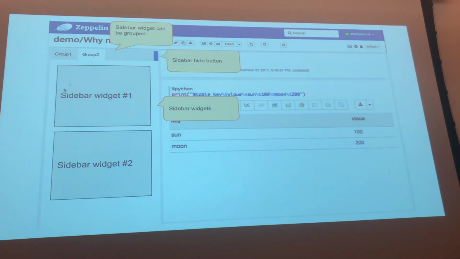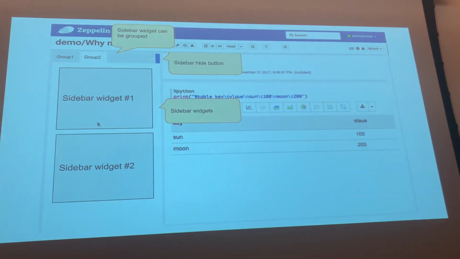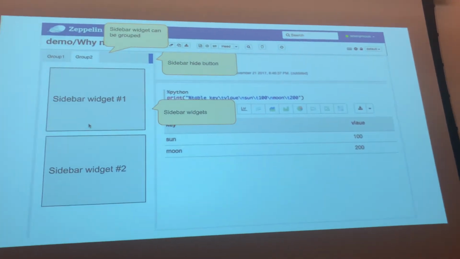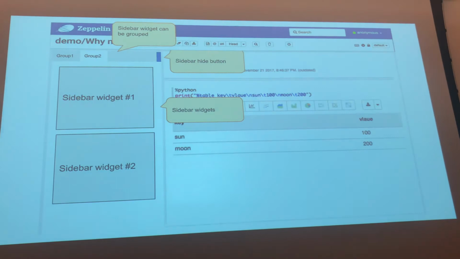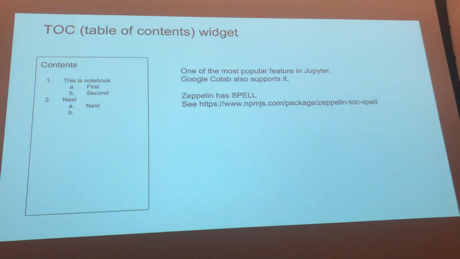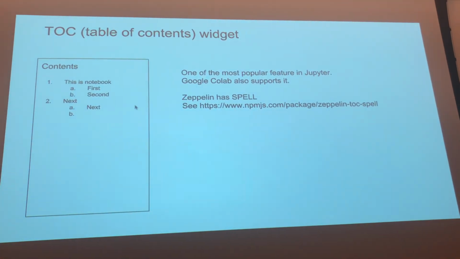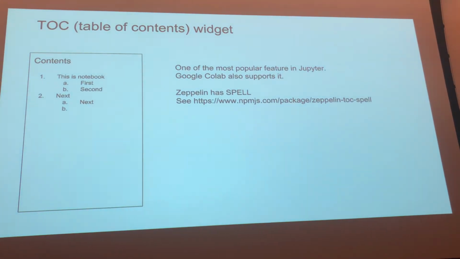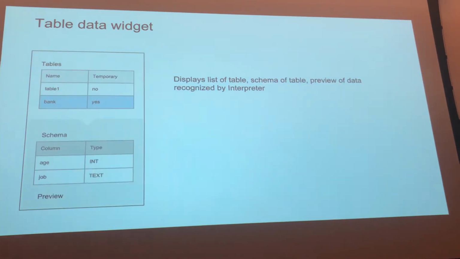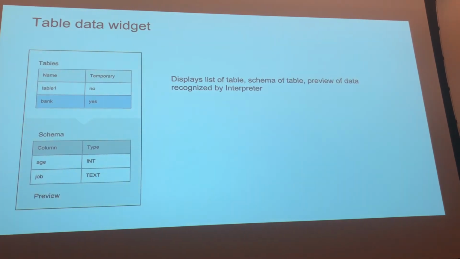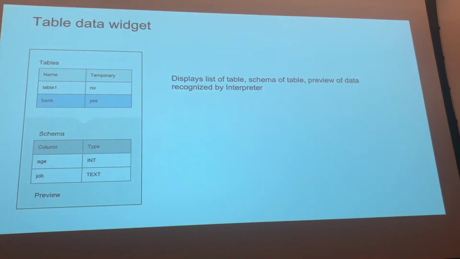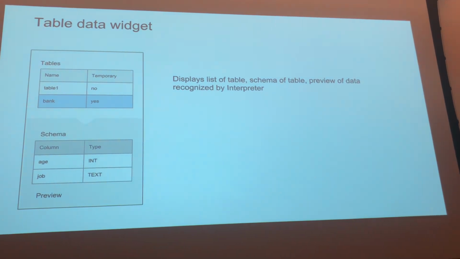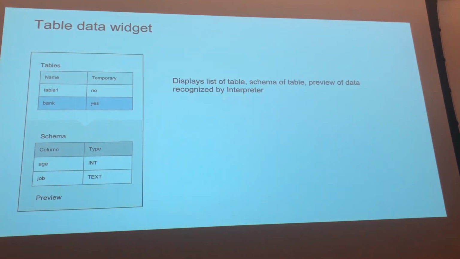Nothing new, it's just a sidebar and its widgets. But some ideas for widgets: of course, the first one will be a table of contents, because this is really what people want. Another thing I can imagine is listing the available tables.